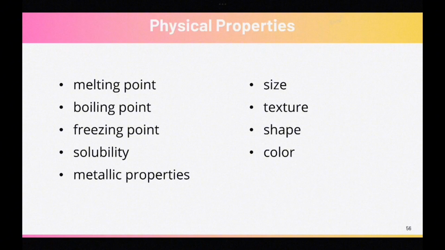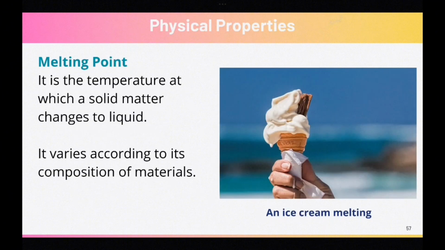For example, we have the melting point, boiling point, freezing point, solubility, metallic properties, size, texture, shape, and color.